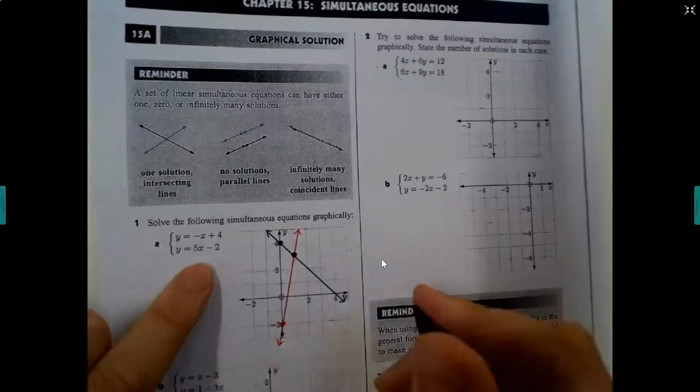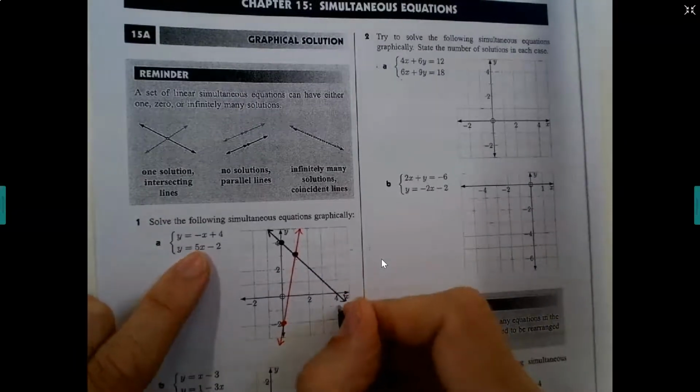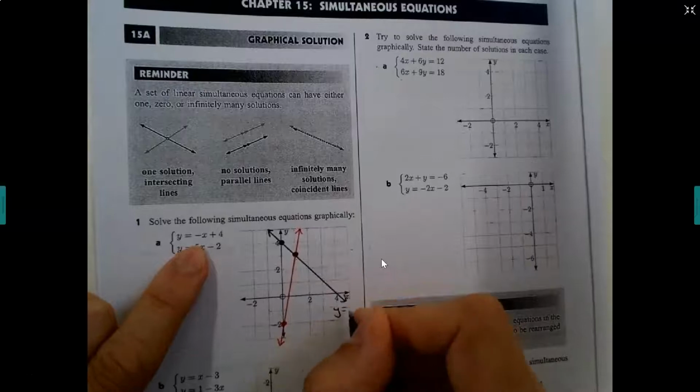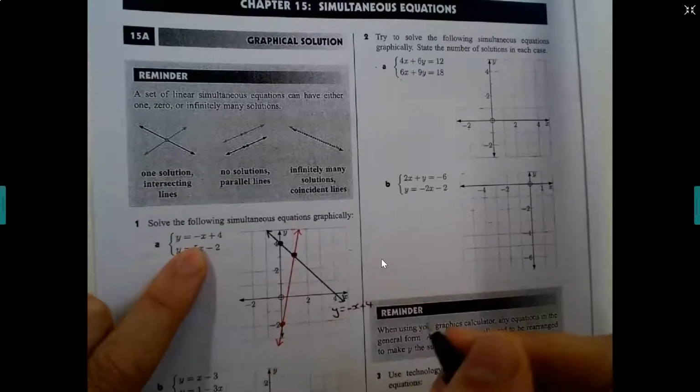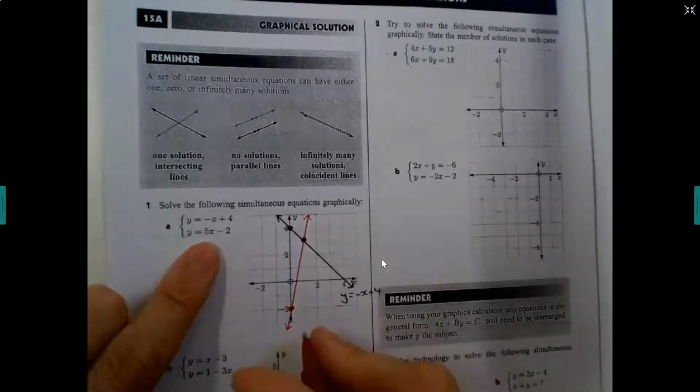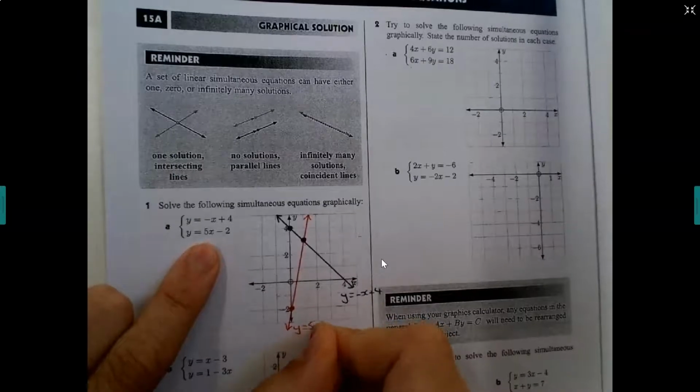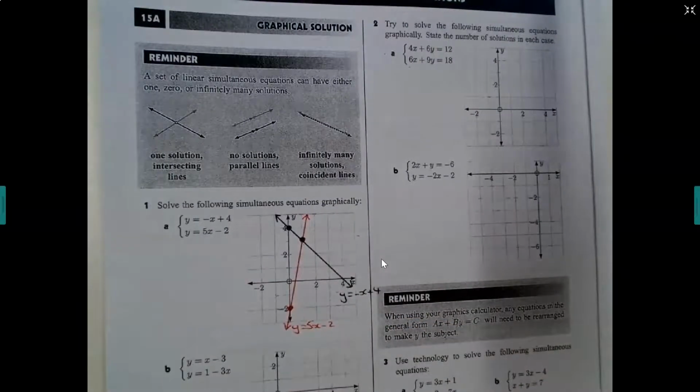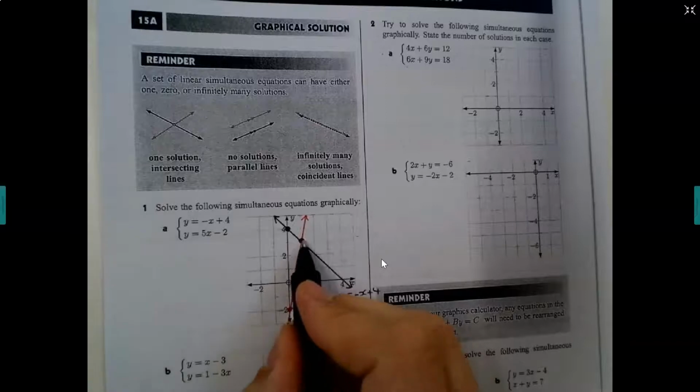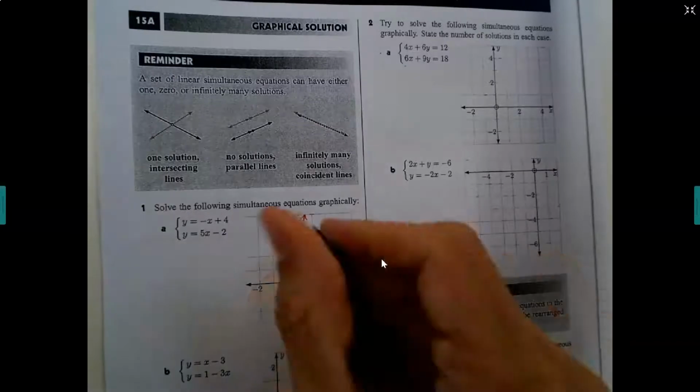And I'm just going to label the equation of the line on each of them. So this one here is y is equal to minus x plus 4. And then this one here is y is equal to 5x minus 2. And look at this. They meet at this point here. So what point is that?